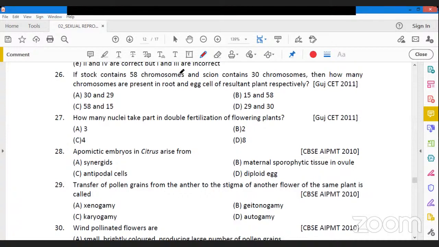If the stock has 58 chromosomes, the root must also have 58. Correct? In the egg cell, the scion has 30, so it should be half the number of chromosomes, 15. So the correct answer is 58 and 15. The scion is 2n equals 30, so n should be 15. Are you understanding?